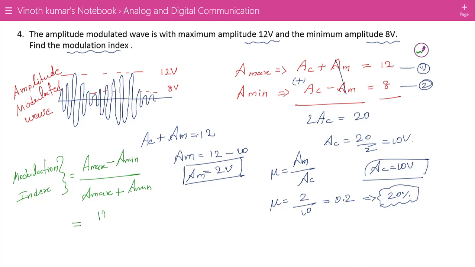So the maximum is 12 minus the minimum value 8, divided by 12 plus 8. So 12 minus 8 is 4, and 12 plus 8 is 20. Solving this, we get 1 upon 5. So we can use this formula directly also.